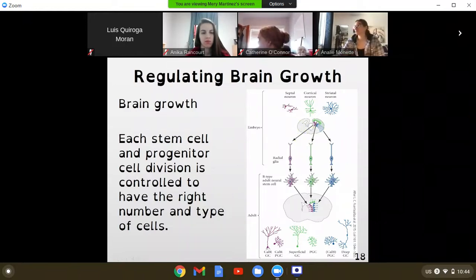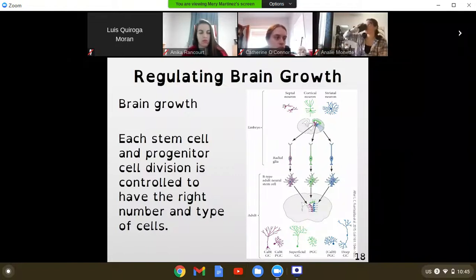So we see that the ventricular radial glial in the embryonic brain, the ones that are here, you see the positioning of these ones. The purple, the green ones, and the blue ones occupy more or less the same positions in the adult, okay? So in here we see that the ventricular radial glial, and the clonal derivation of the B type, occupy about the same position, and so on, with the green ones and the blue ones, okay?